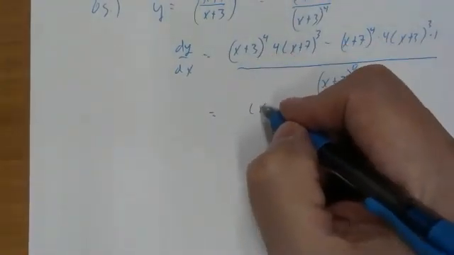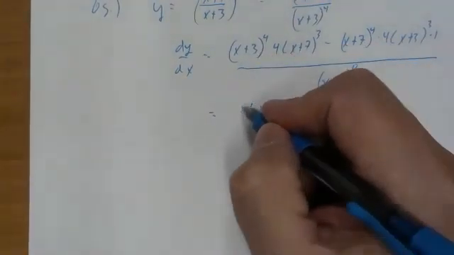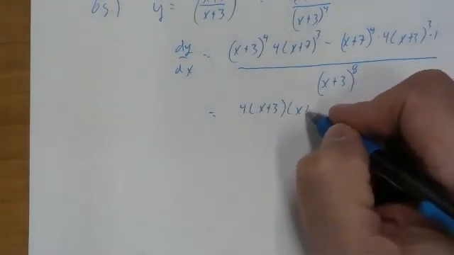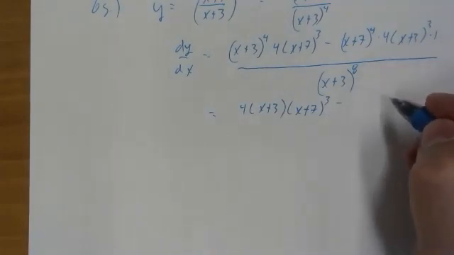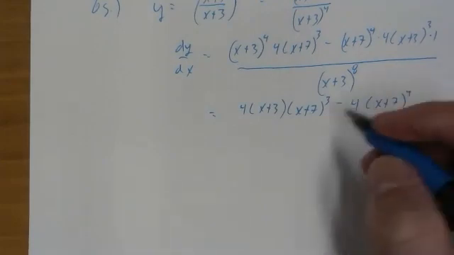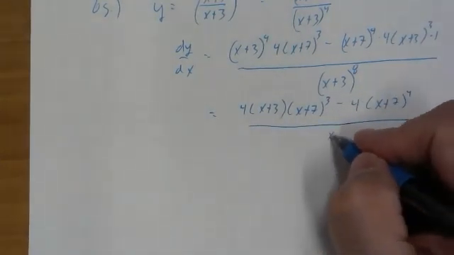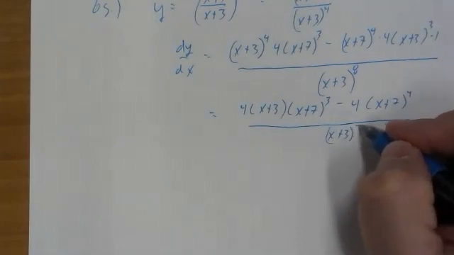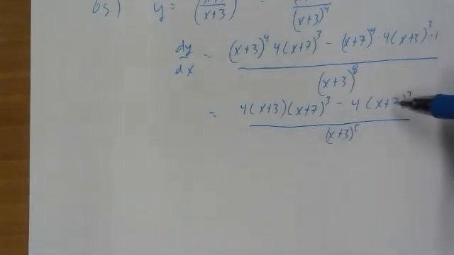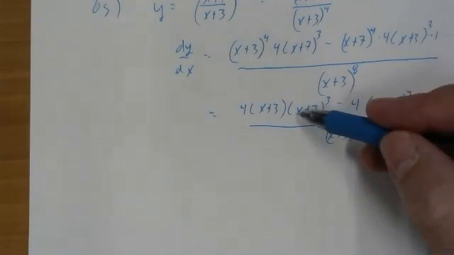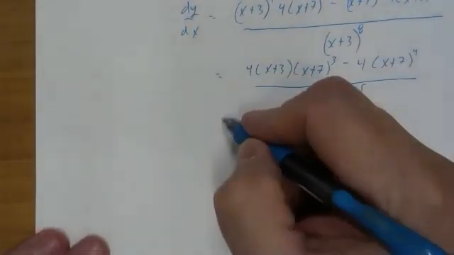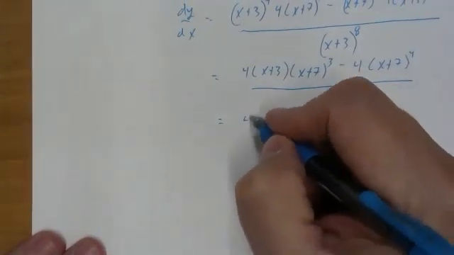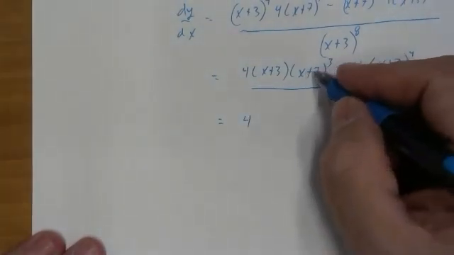So I'm left with x plus 3, minus 4, x plus 3 to the 5th. I can factor out x plus 3 to the third, and also factor out a 4. So once again, this is just some algebra.